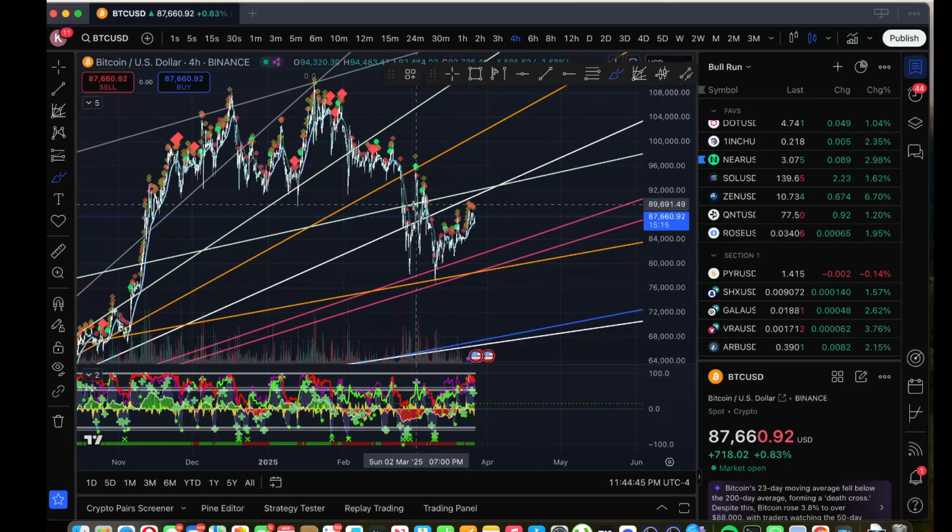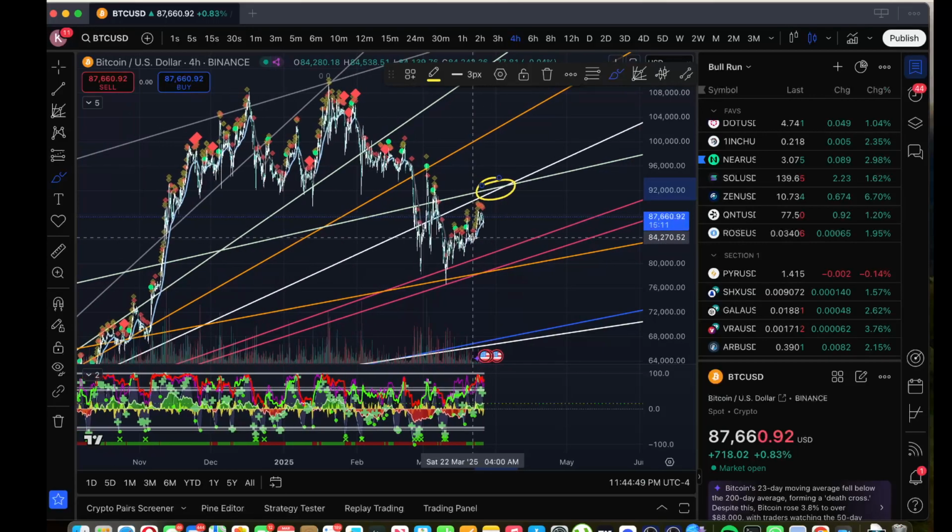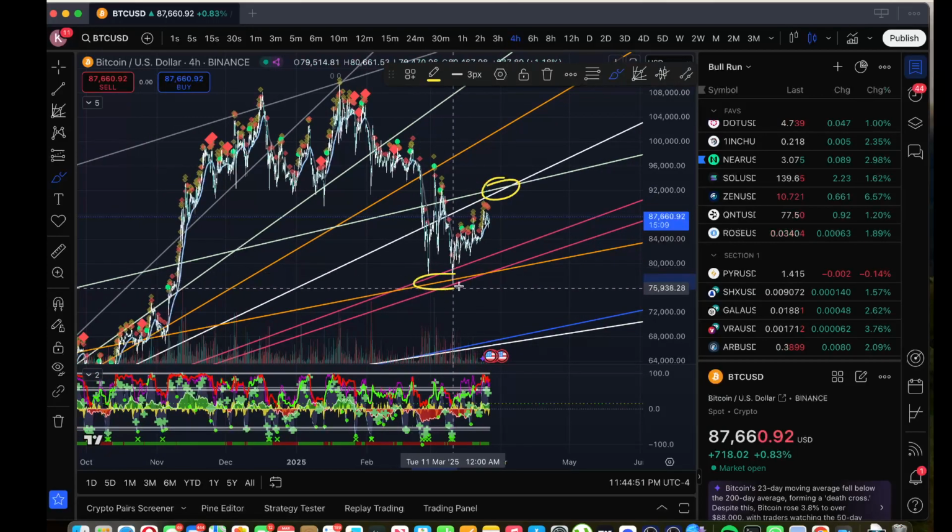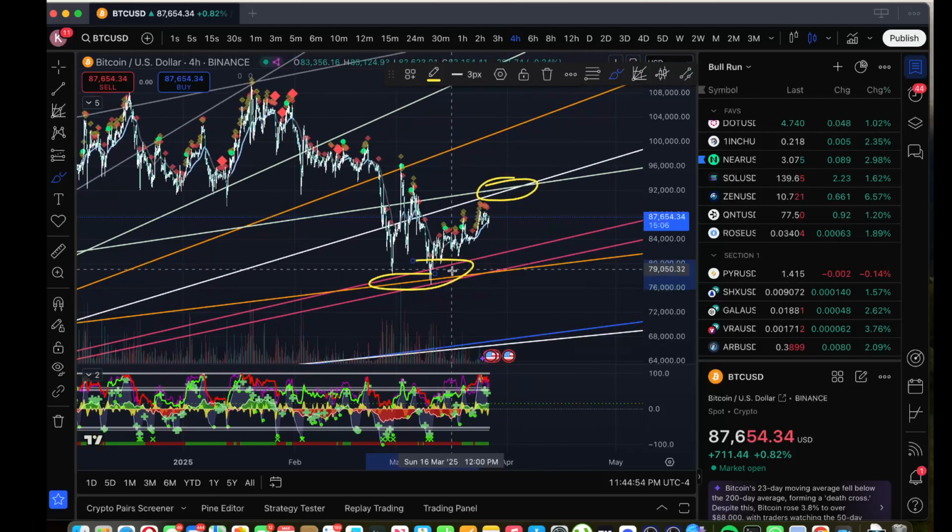But right over here in this area is an important area because we have two intersecting lines. Right over here where we got that bounce from the bottom, that's an important area too, again because of the intercepting lines. Whenever you get those intercepting lines, that's usually where you're going to be bouncing from.